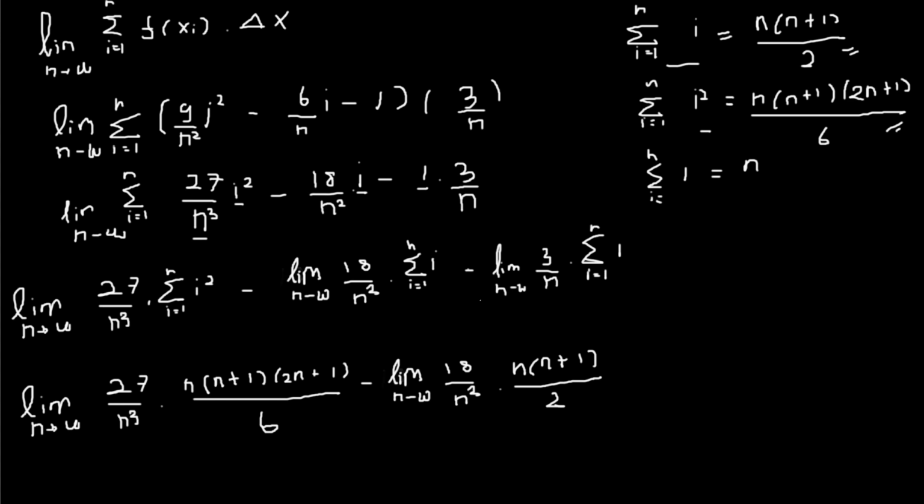I'm going to copy that. A lot easier. Minus. Now we know that sigma 1 is equal to n, so we're going to write n. So now from here we can already know, because when we apply the limit of n to infinity, we know that these n are not going to matter at the end, and the only thing that matters is these numbers right here: 27, 6, 2, 18, 2, and 3.